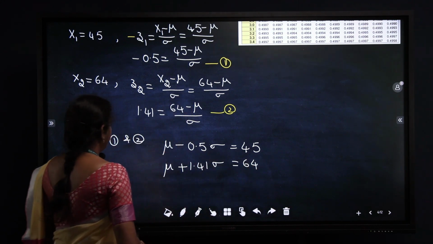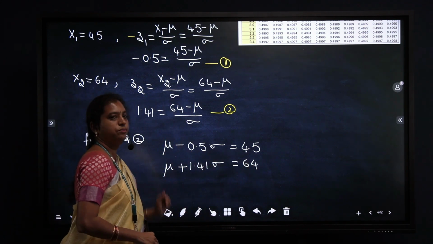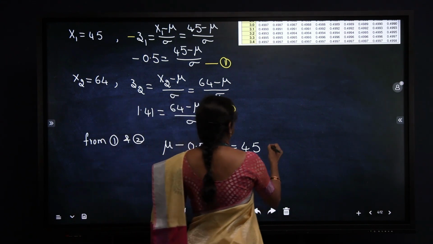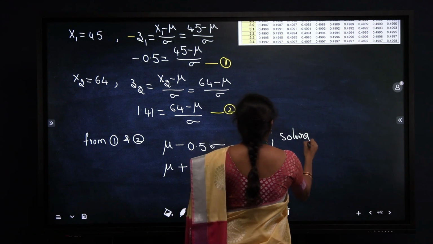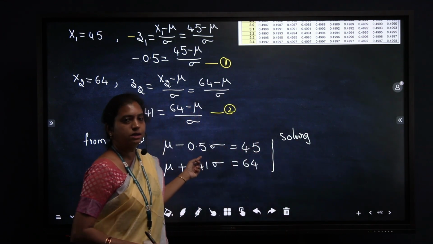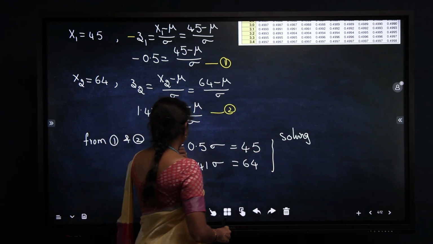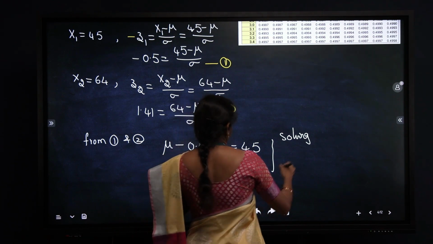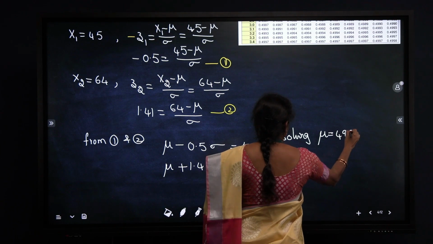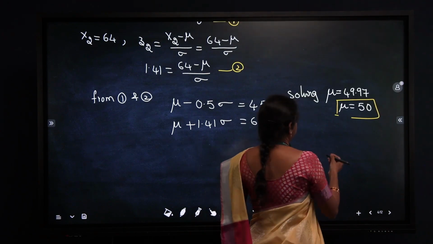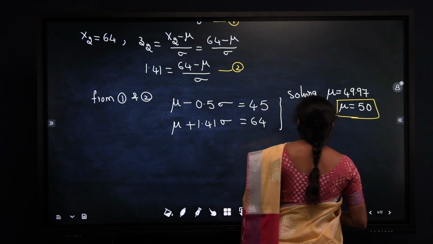Right? Now, since we have two equations in two unknowns, mu and sigma, on solving we'll have the mu value as 49.97. So simplifying, we got mu is approximately 50.